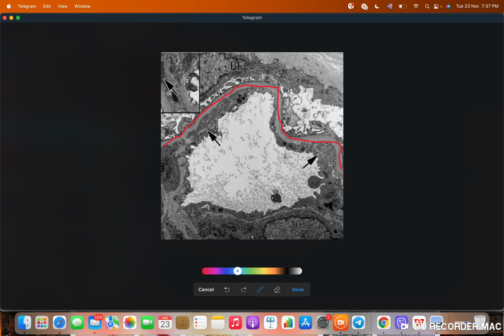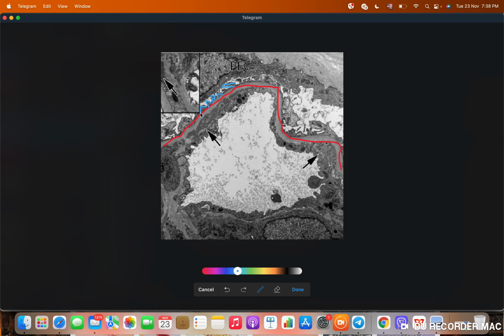Podocytes have what? Slits, yeah? So I don't know how I can zoom in. Well, anyway, you can see these little slits here. If you can appreciate, they look like this. See? These little slits. So this area in blue is what? With the little slits. What do you think the area in blue is? Exactly, it's the podocyte.